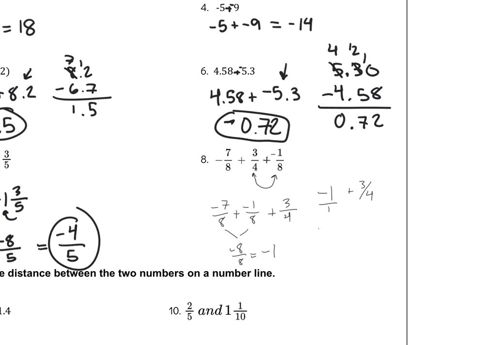We can change it to have common denominators by making it -4 over 4 plus 3 over 4. Okay, -4, +3. When they add together, they're going to subtract. 4 minus 3 is 1. I have 1/4, and this is negative since 4 is the greater value.